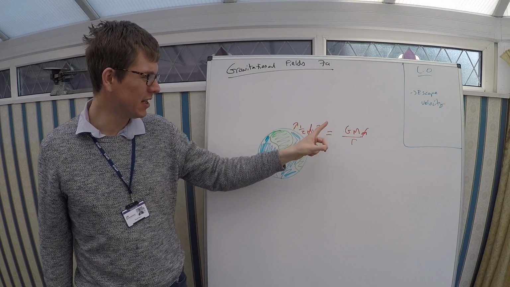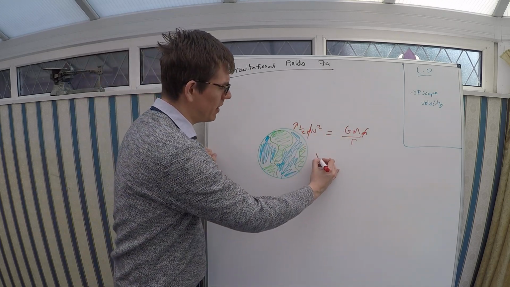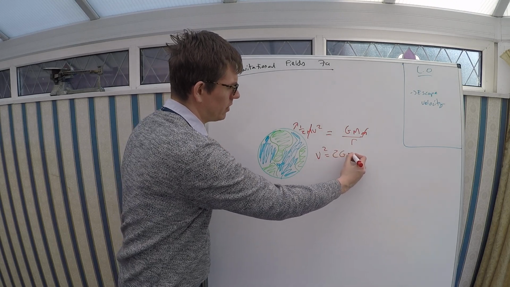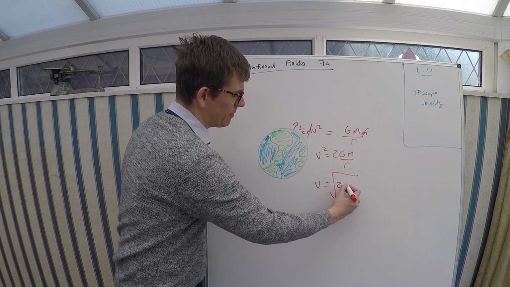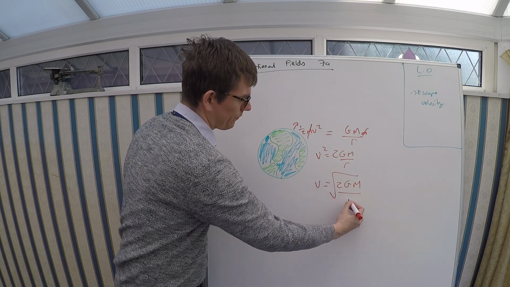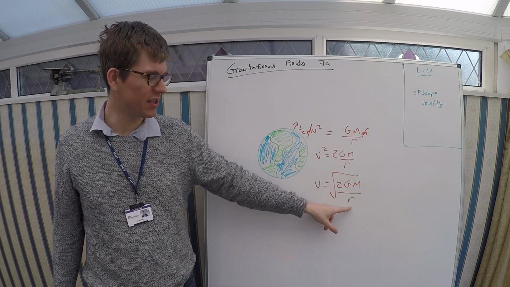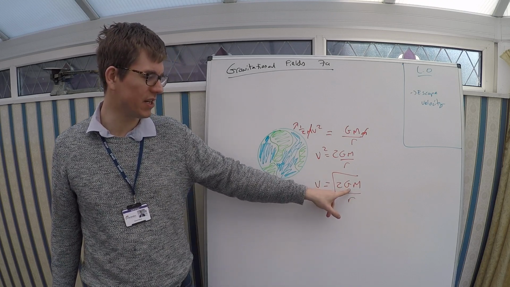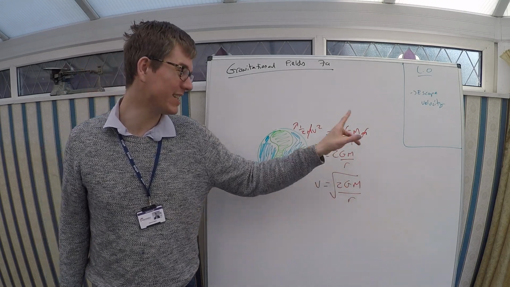So it doesn't matter, the mass cancels, take the 2 over, v squared is 2GM over r, so our escape velocity in general is going to be root 2GM over r, where M is the mass of the planet, r is how far away you started, G is just the gravitational constant, and v is your escape velocity. So that's how we get to that.